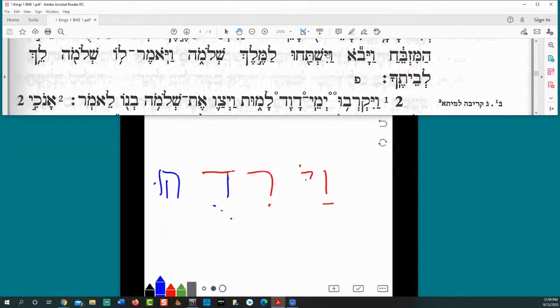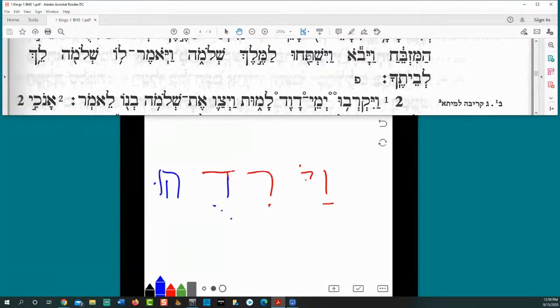Vayishtachu, I hate these forms, but you've got to get used to seeing them. So this is a hishtafel form. Hishtafel, vav consecutive imperfect, third singular. If it were a plural, let's see, vayishtachavu.